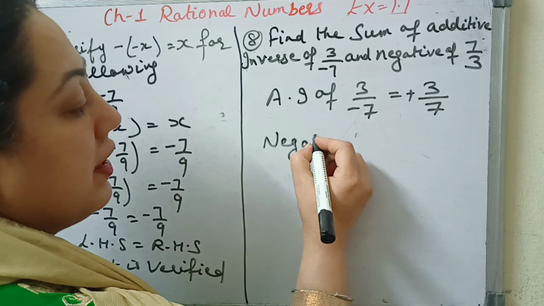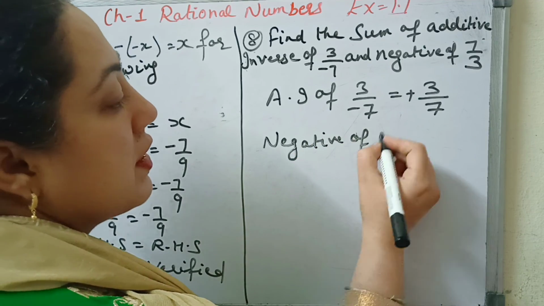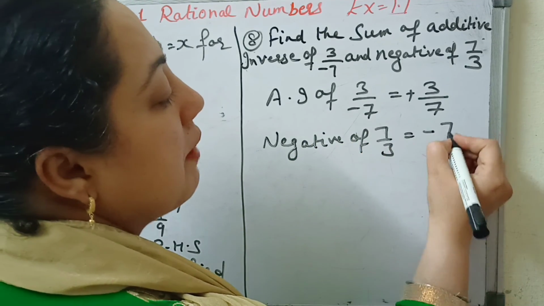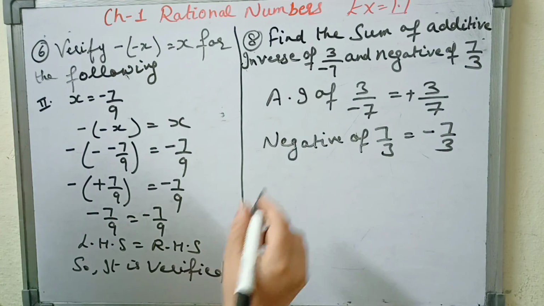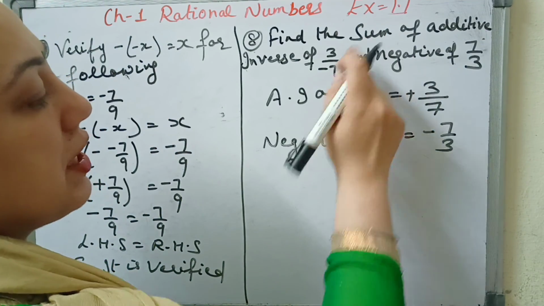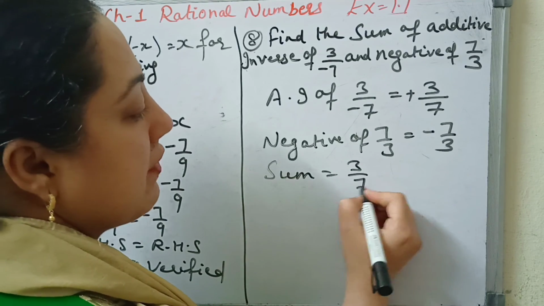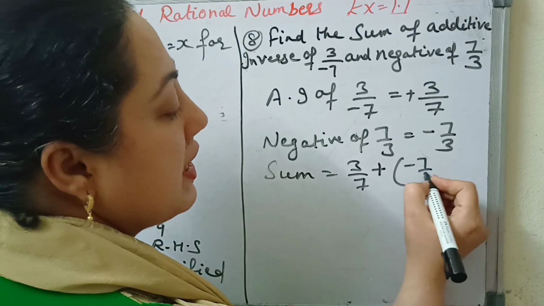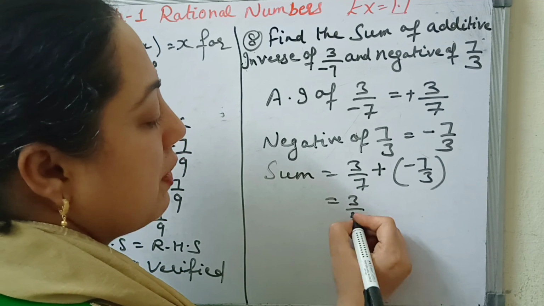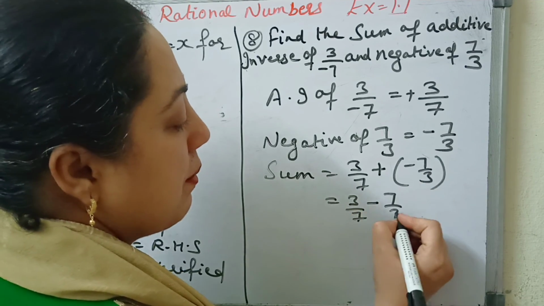Also, the negative of 7 over 3 is minus 7 over 3. Now, according to the statement, we have to find the sum of these two terms. The sum is 3 over 7 plus minus 7 over 3, and everybody knows plus minus is minus.